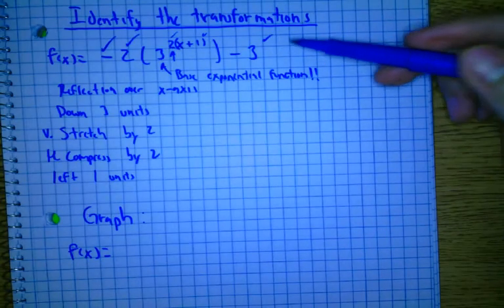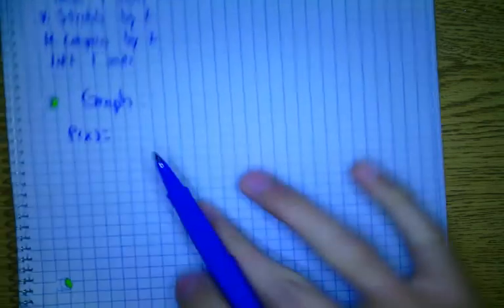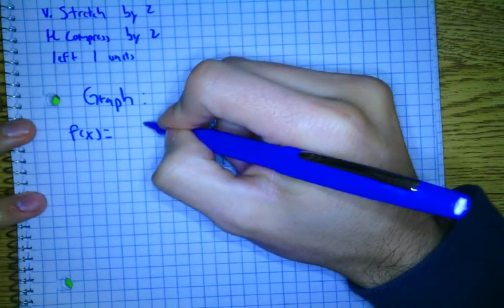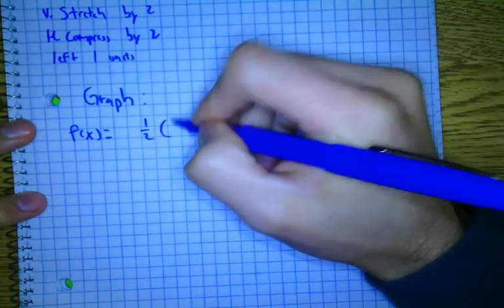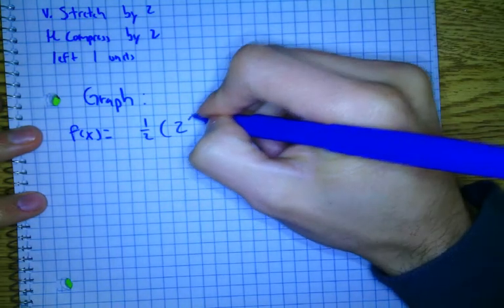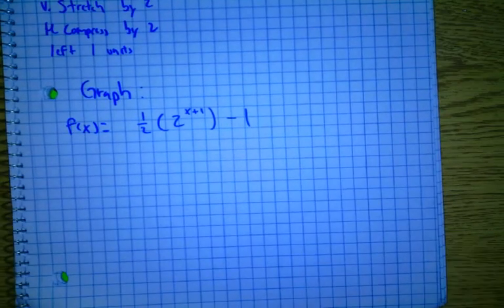So let's say, I don't know, let's do 1/2 times 2 to the power of x plus 1, minus 1. Okay, what do you guys suggest to do in order to graph this? Yeah, but how? Yes, sir.